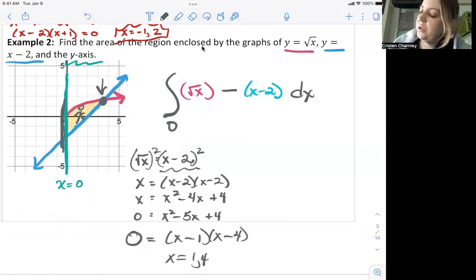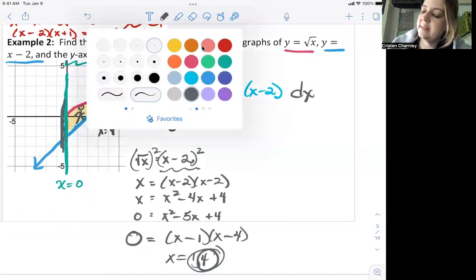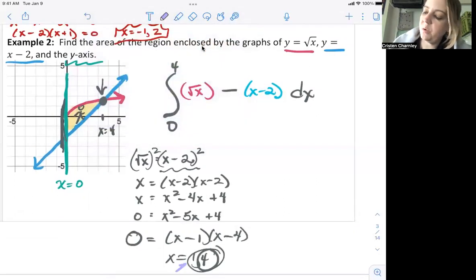Now, which one do you use? You're actually going to use the 4 because that's the one on the right. They intersect over here when x equals 4. Now, where this 1 comes from, or where do I see it? I don't see it on the graph. Well, if you have y equals the square root of x and square both sides, y squared is equal to x.